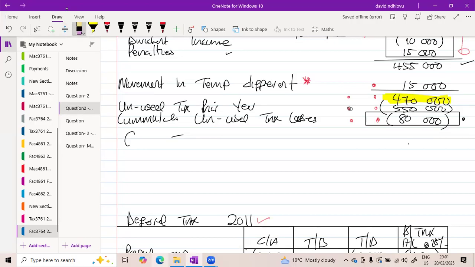The calculation of the unused tax loss now takes into account how we are going to settle that particular current tax. Now, when we recognize an expense, we use the accruals concept. Accruals concept says an expense should be recognized in the period in which it is incurred, not according to how it will be settled. So we are saying our current expense should be defined by that amount here.